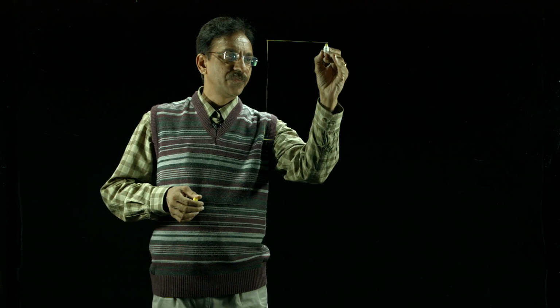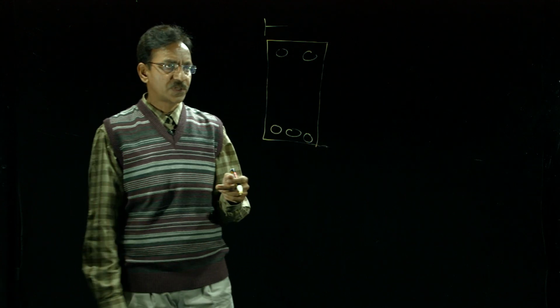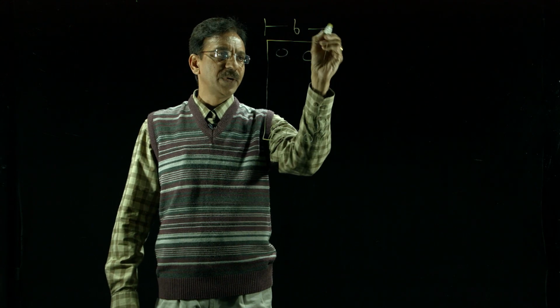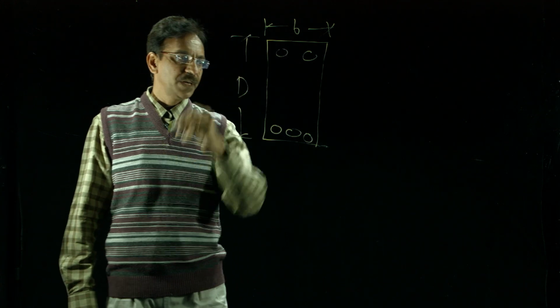So, for example, if we analyze this section, the cross section of a singly reinforced beam, B is the width, capital D is the overall depth of the beam.